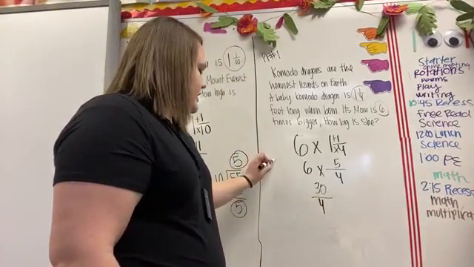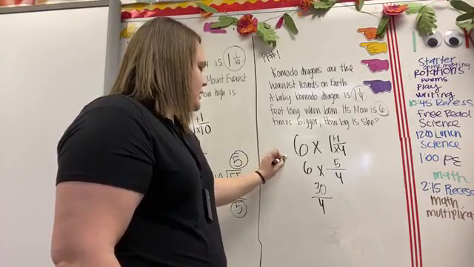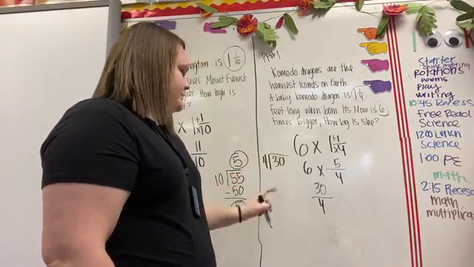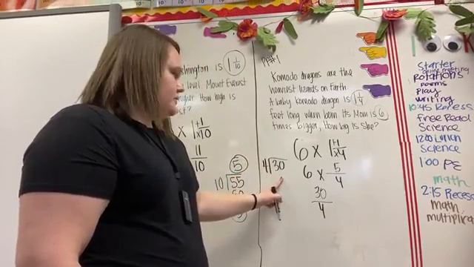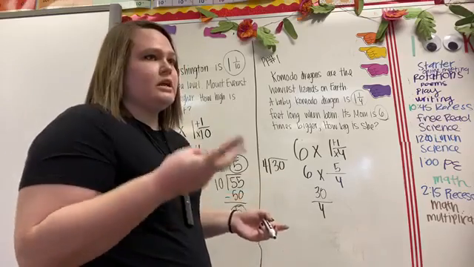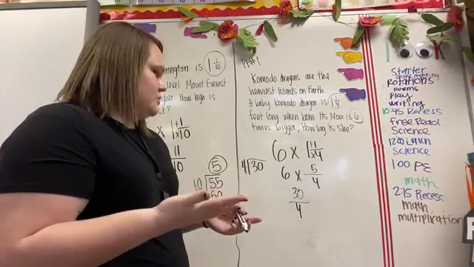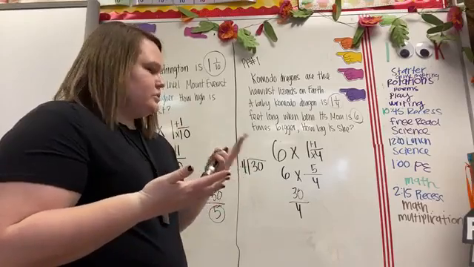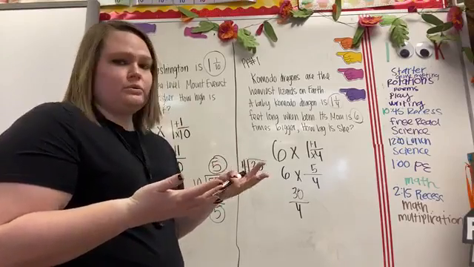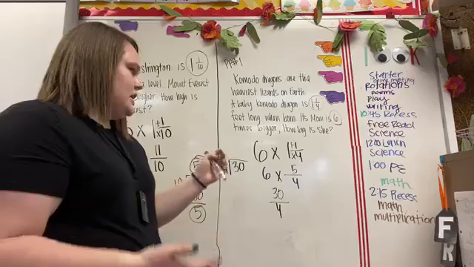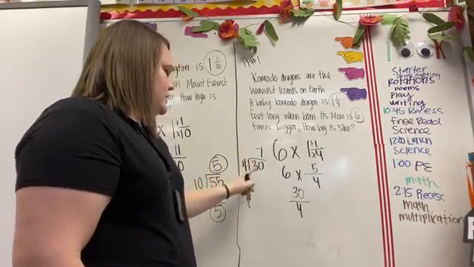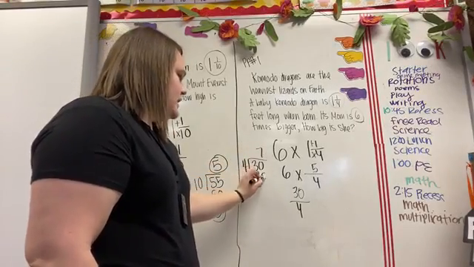So I'm going to come over here and do 30 divided by 4. 4 can go into 30: 4, 8, 12, 16, 20, 24, 28, 32, too big. So 7 times. 4 times 7 is 28.